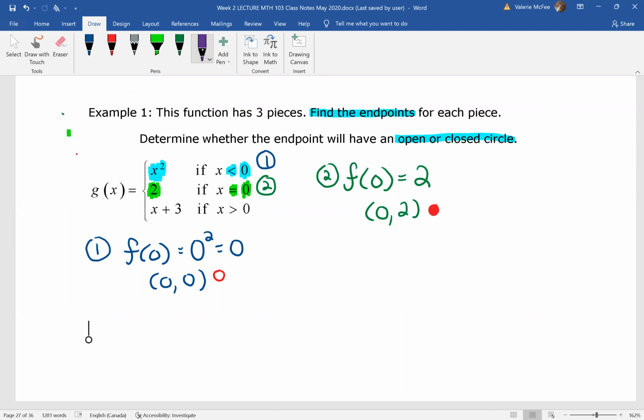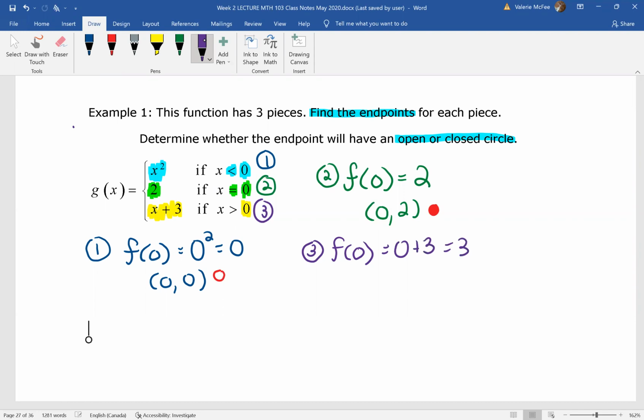Let's look at the third piece. Again, we have a 0 here, and we're going to use the equation for this piece. So we're finding the f of 0, and we're using the equation 0 plus 3.